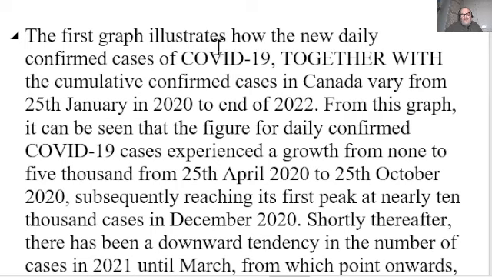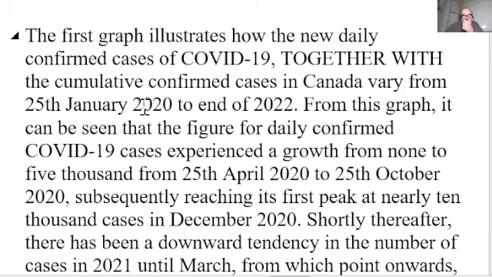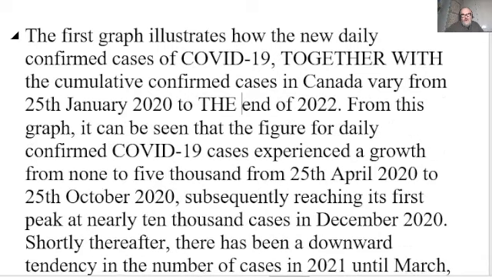Okay, so the first graph illustrates how the new daily confirmed cases of COVID-19, together with the cumulated confirmed cases in Canada, vary from 25th January, forget the in, it's not necessary, 2020 to the end of 2022.